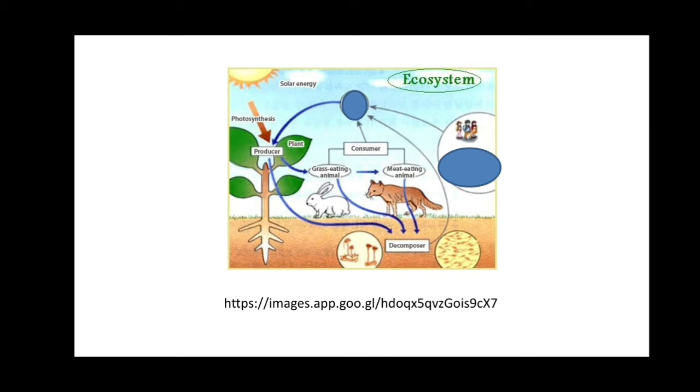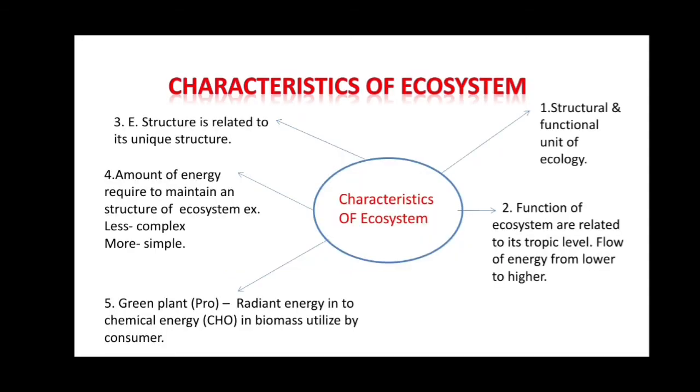In this diagram, the rabbit is given; for its food it depends on the producers. The omnivores also depend on the producers, and meat-eating animals depend on the herbivores. So this is the diagram of an ecosystem.